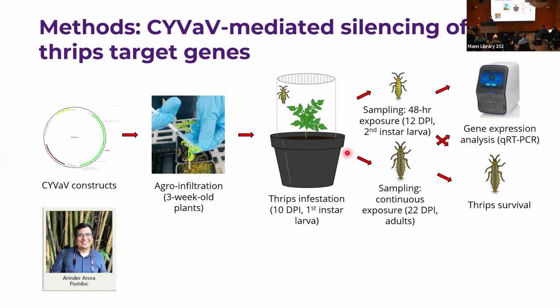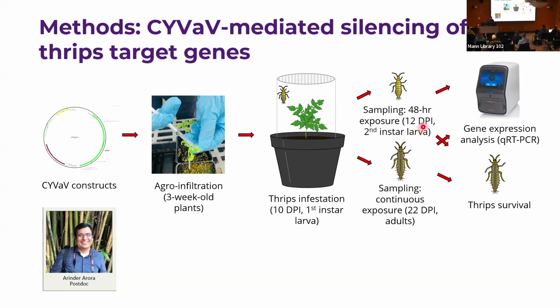Now, this is a brief overview of the methods we followed to study the CYVV-mediated silencing of thrips target genes. CYVV constructs, as I mentioned, we agroinfiltrated them in 3-week-old tomato plants, and then we allowed first instar larvae to infest tomato plants 10 days post agroinfiltration.